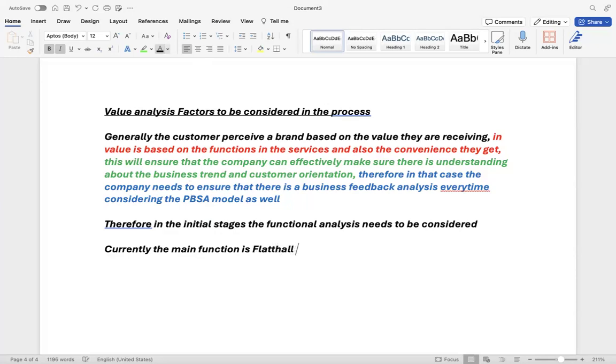Flatthall is accommodation to students. Accommodation to students. Agree?